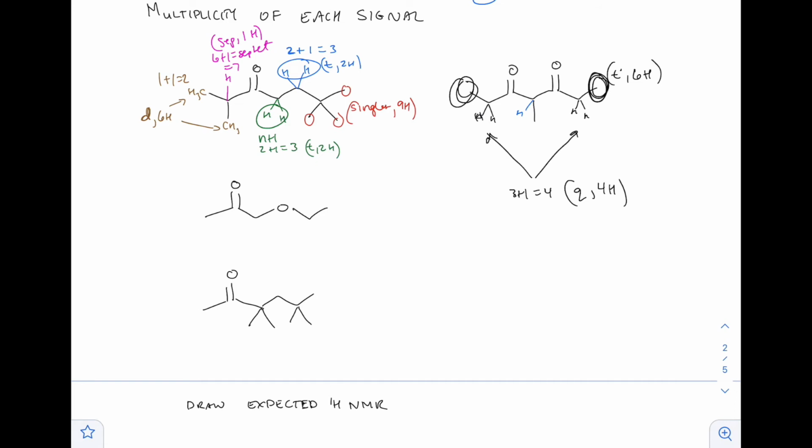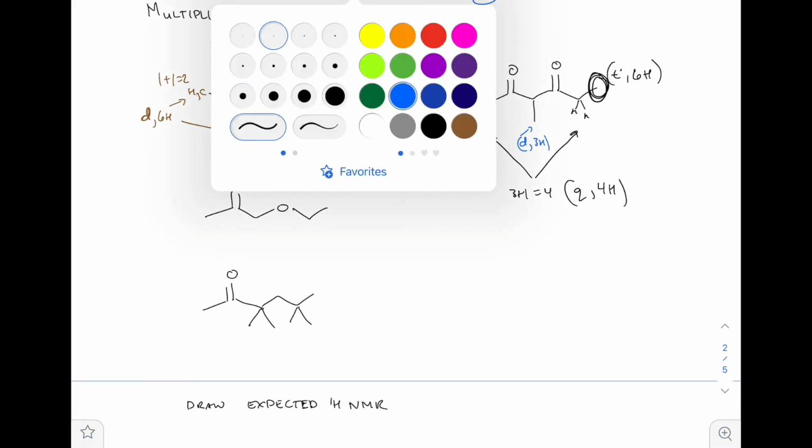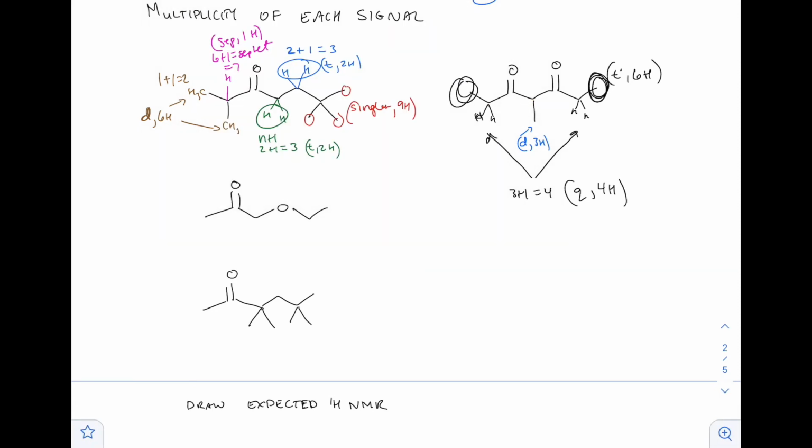So this right here would be a doublet, 3 hydrogens. Since that brown one couples with the blue ones, the blue ones couple with the brown ones also, and that means that this sees 3 plus 1 equals 4, so it's a quartet, 1 hydrogen.